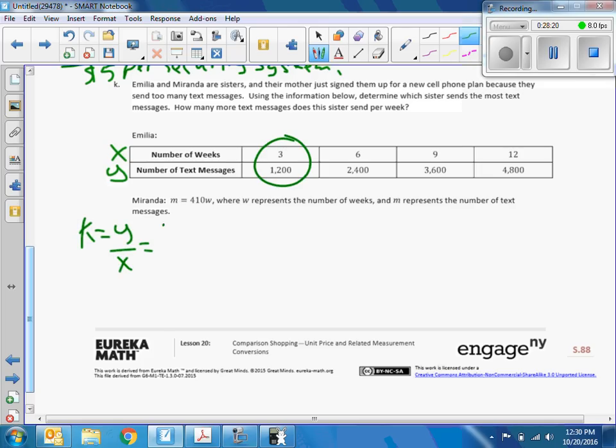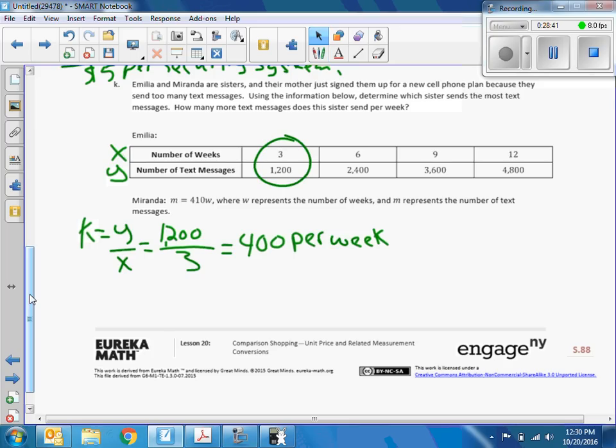Pick one, it doesn't matter, any one. 1,200 equals 400 text messages per week, divided by 3. Good golly, there's a lot of text. That's almost 60 texts a day. Whoa. Okay.